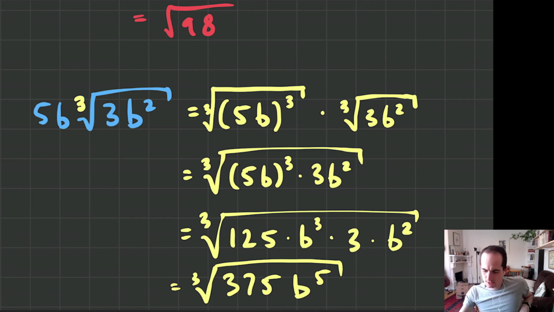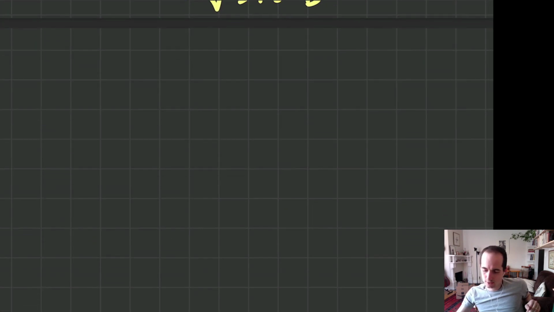I'll do a couple more examples. I think it'd be good if we could go the other way around, where we take an entire radical and convert it into a mixed radical. So let's do that next. Let's start off with the square root of 200.